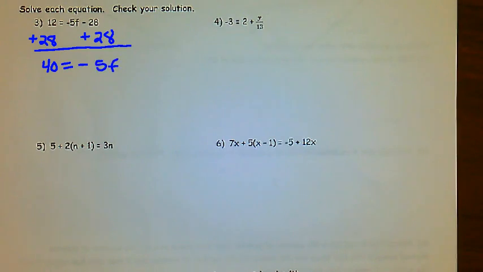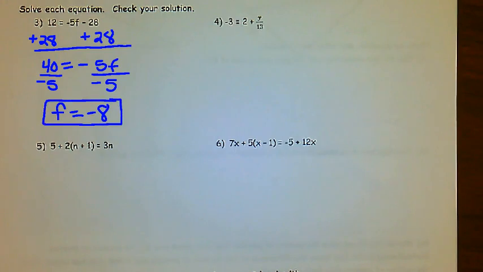The negative 5 and the f are being multiplied, so let's divide in order to undo that. So our final answer would be negative 8. So again, if we just look back here, negative 8 times negative 5 would be 40, minus 28 would be 12.